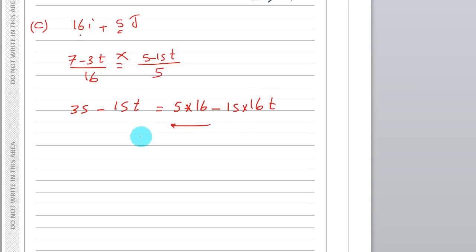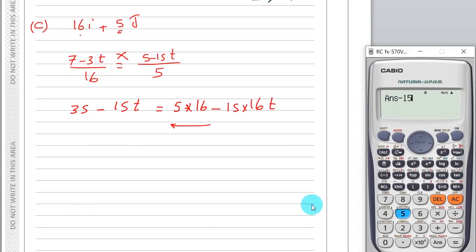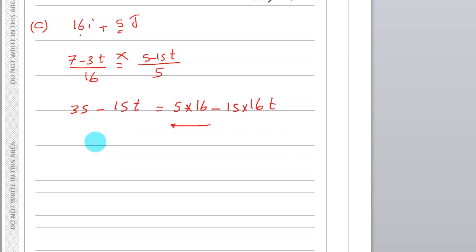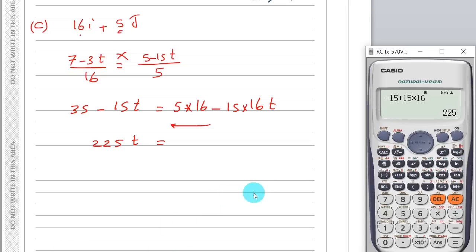So let us bring this value this side. So it will be 15t minus 15 multiplied by 16t, so it will be 225t equal to 5 multiplied by 16 minus 35, 45.